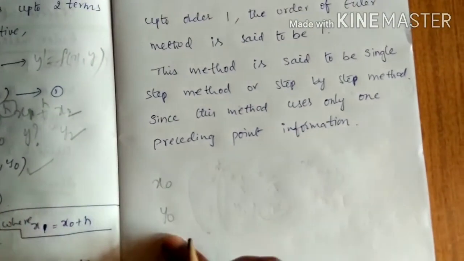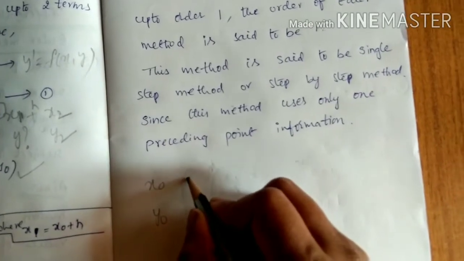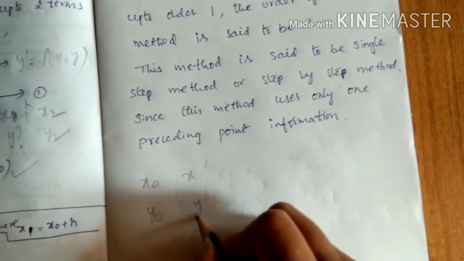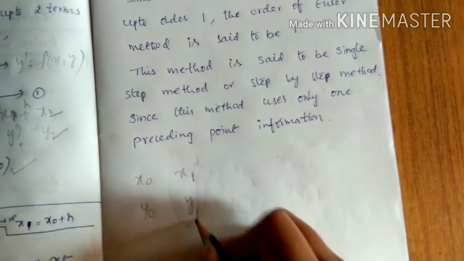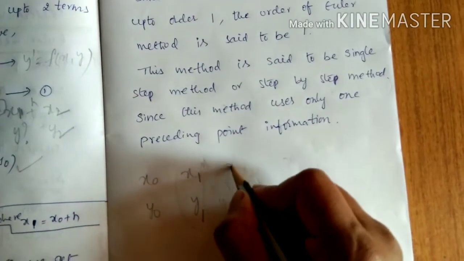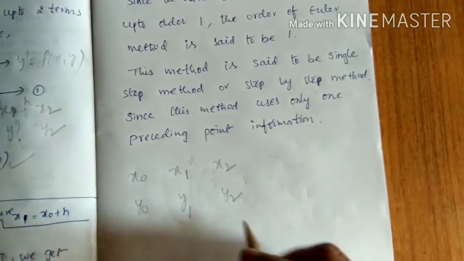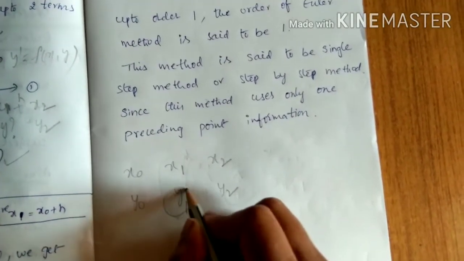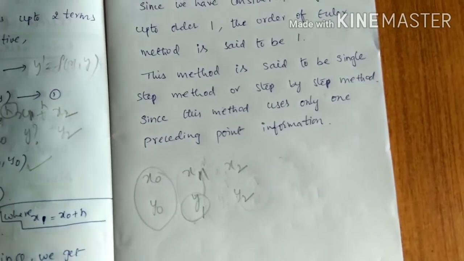We know the data x naught, y naught. Using only this known information, we want to get y at some x. The next x can be taken as x1, so the corresponding y will be y1. Using x1, y1, we will find y2 at x2 and so on. So here, to find y1 at x1, we are using its previous point information x naught, y naught.